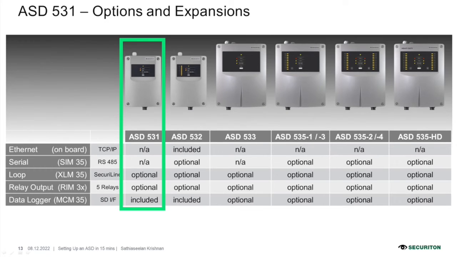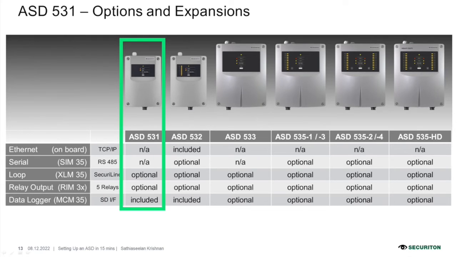It does not require any PC or engineering tool to commission, so no intranet or computer is needed for commissioning. It doesn't have a serial interface, so it can't be networked. But it can be looped with our Sakura line, through an expansion module called XLM35. With that, you can connect this to an existing loop of a Sakura system.